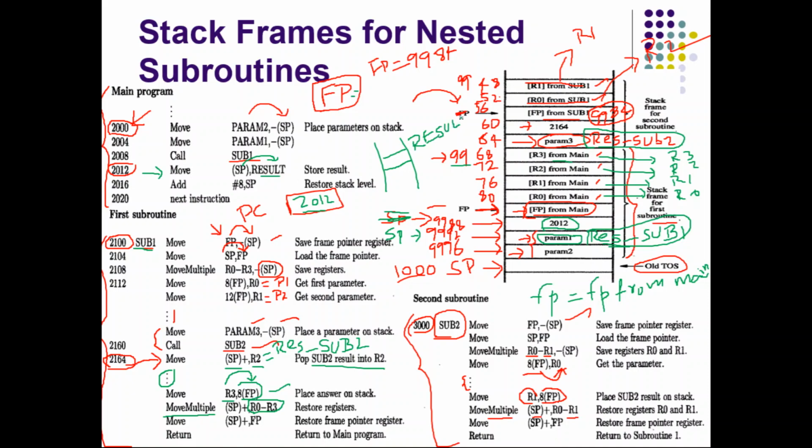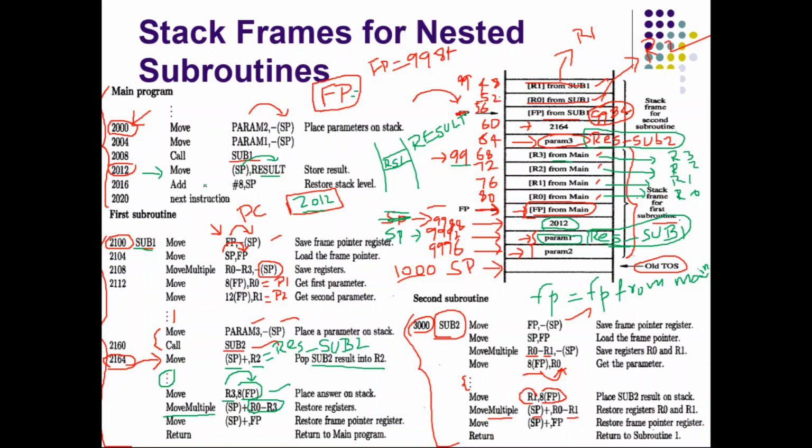So in this location the result from subroutine 1 will come. You are just moving, but you are not changing the frame pointer or stack pointer. You can see there is no increment or decrement.